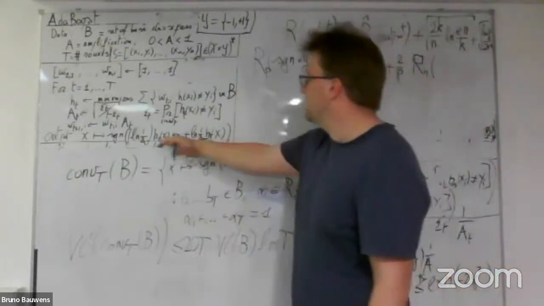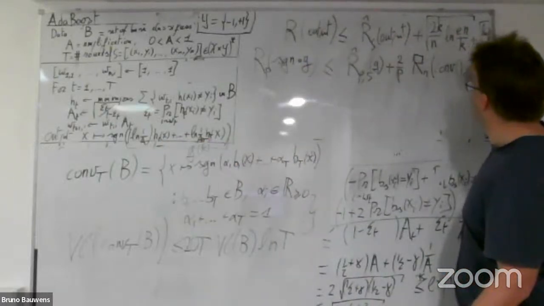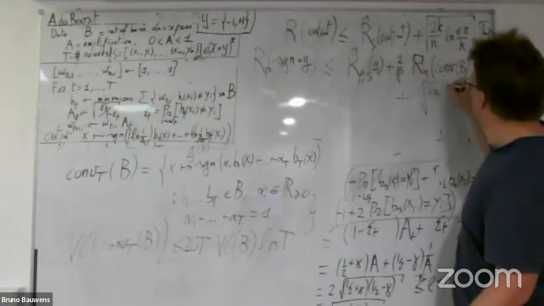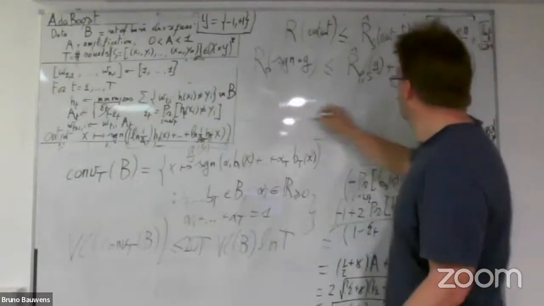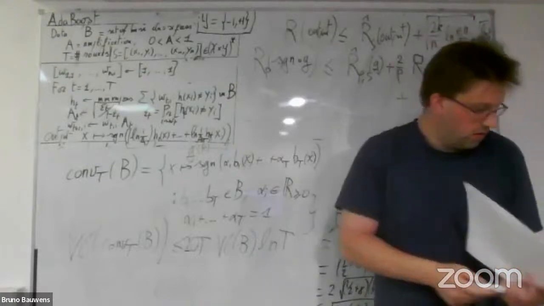And so we can say, as I already explained, that G is a convex combination of the base class, and then plus the square root of ln 1 over delta divided by 2n. Okay.